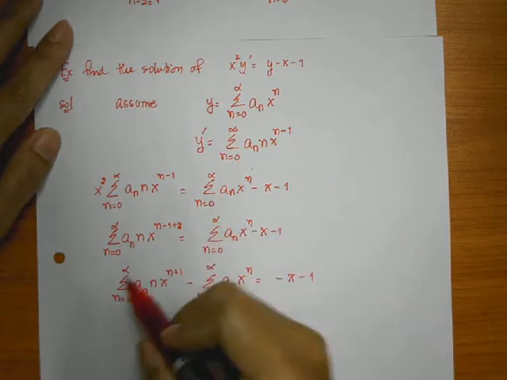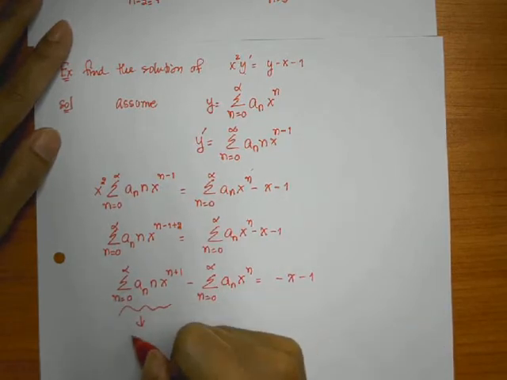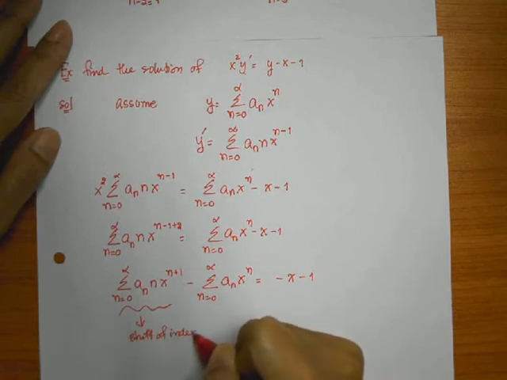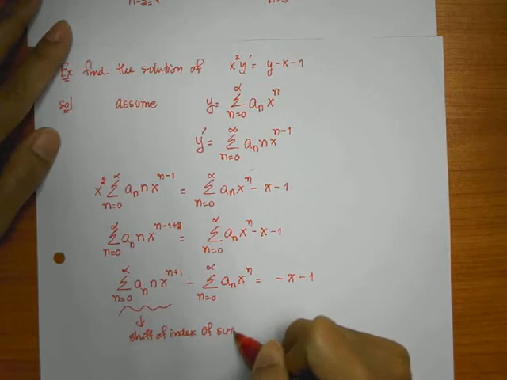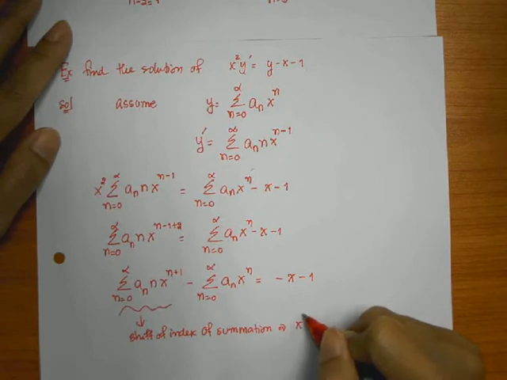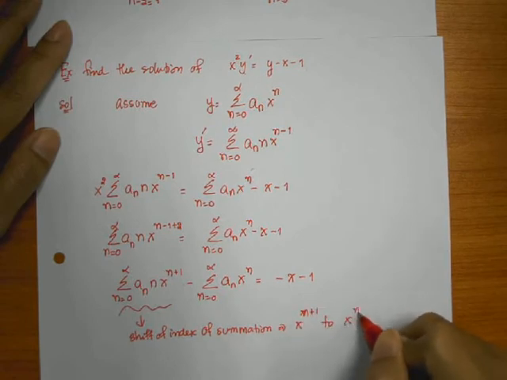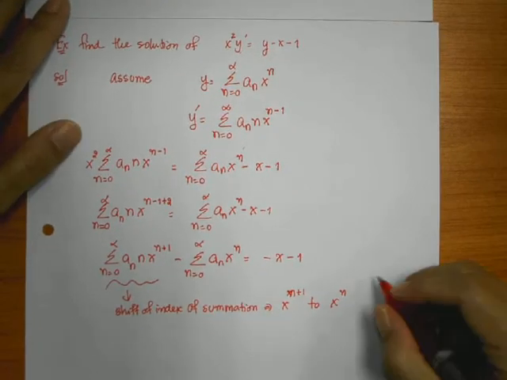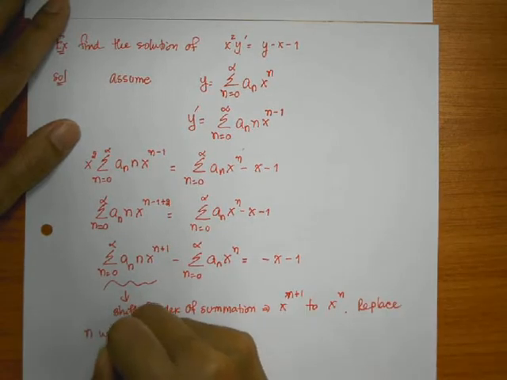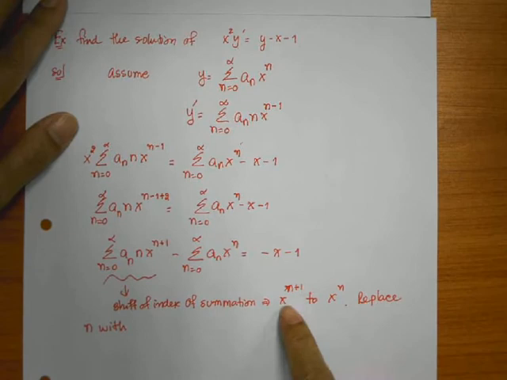Okay. I'm going to do the shift of index of summation, making x to the power n plus 1 into x to the power n. In order to do that, I have to replace n with what? n minus 1.